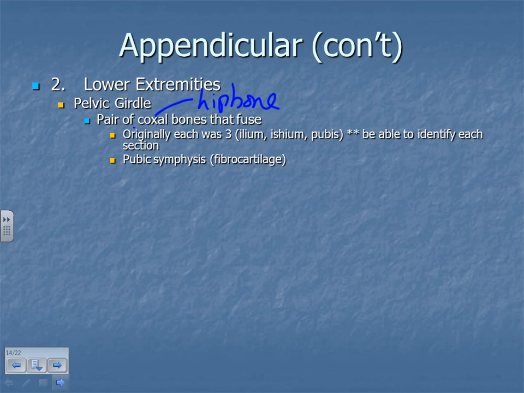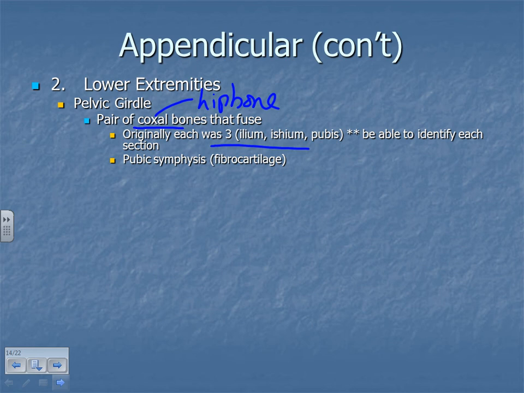Each of these was 3 bones, called the ilium, the ischium, and the pubis. And to notice this, 27 is the ilium. 30 is the pubis.